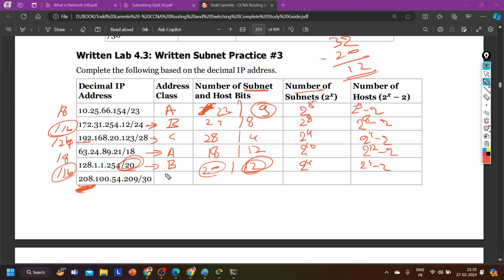This IP address belongs to which class? Class C. Number of network bits is 30, host bits 2.